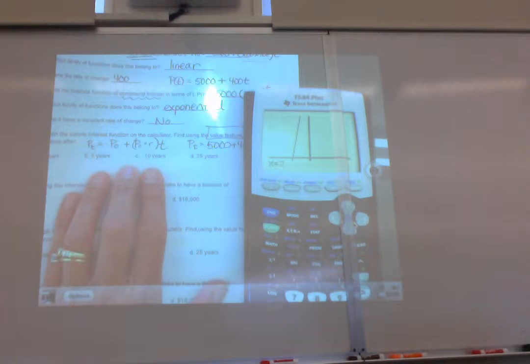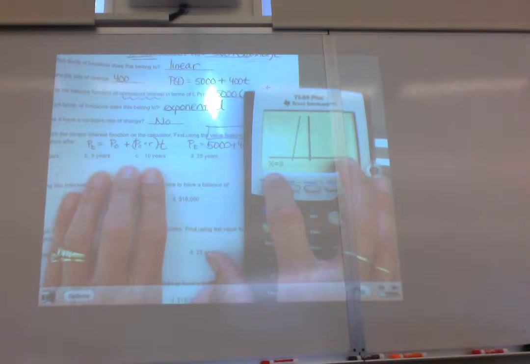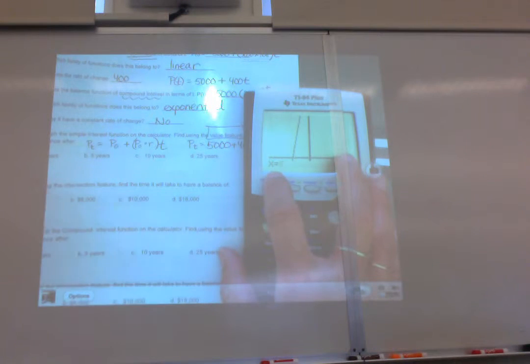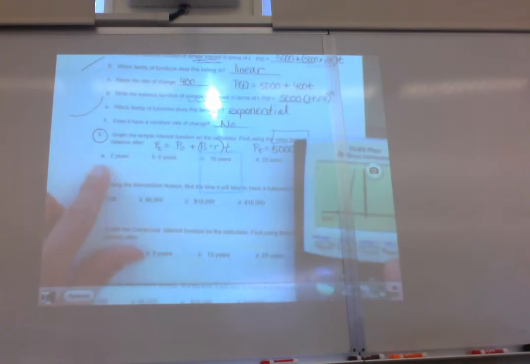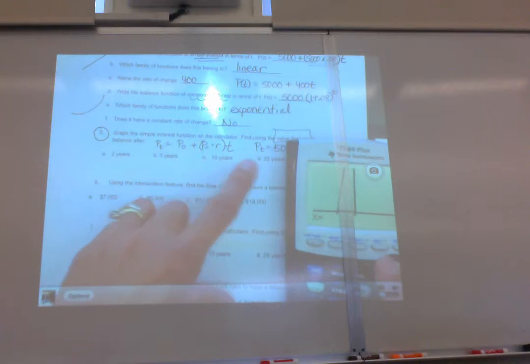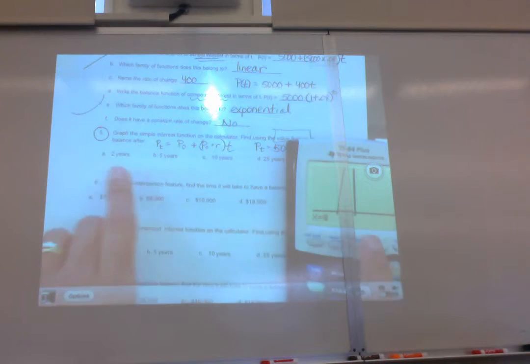Do you have a blinky X? Yep. That's okay. If you can't see your whole thing, that's okay. If you got your blinky X, guess what we're going to do with A? 2 years. There you go. Each of these A, B, C, D is going to be an X that we put in.